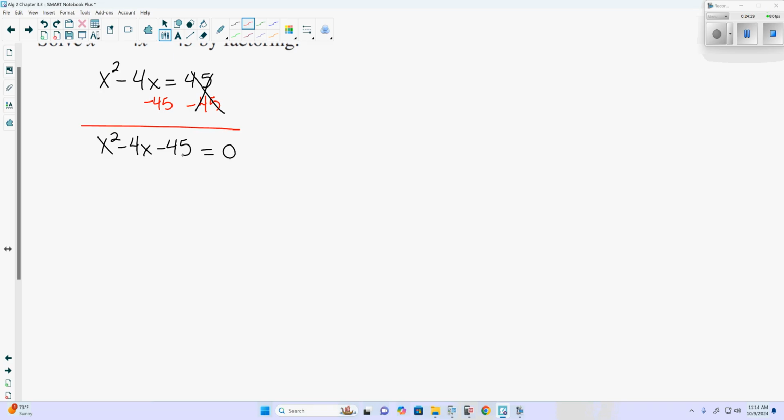Next thing we need to do for factoring, because now we can start factoring this, is to find the greatest common factor between these three terms. And there's not one other than 1, so there is no greatest common factor. So we move on to our two sets of parentheses with 3 spaces.